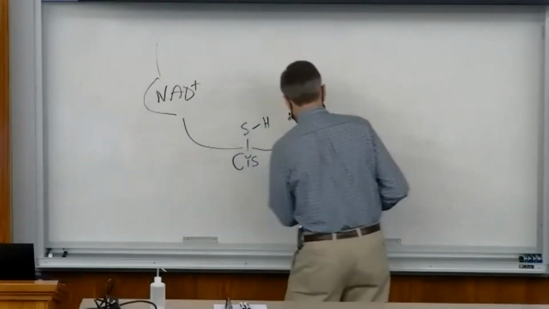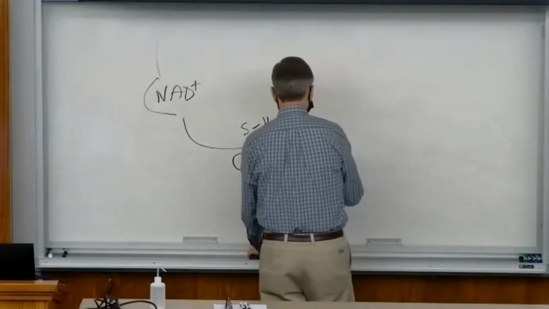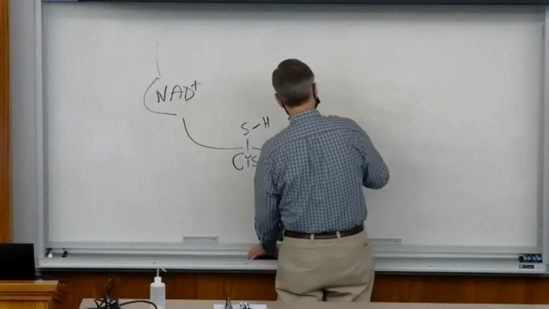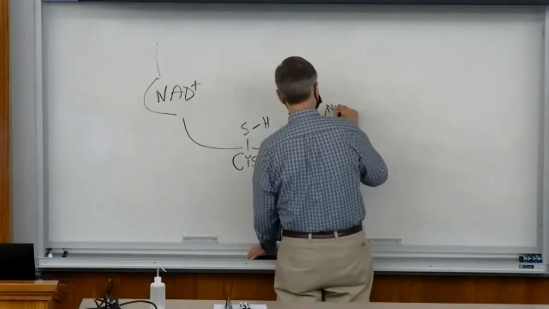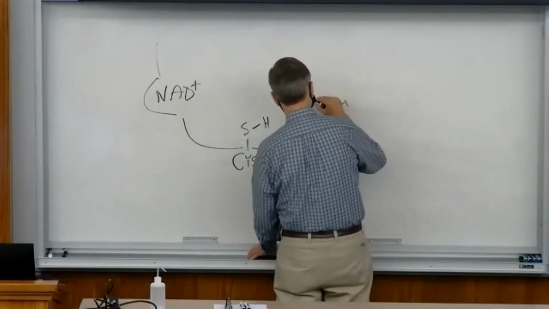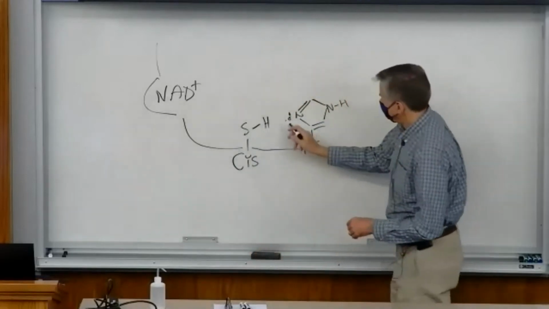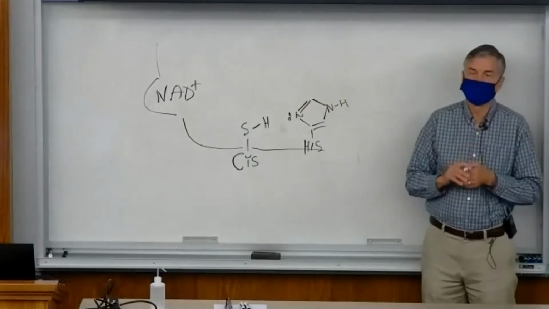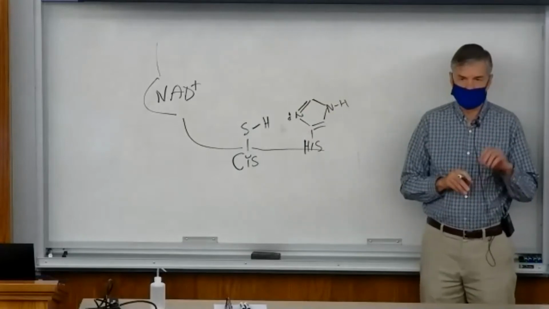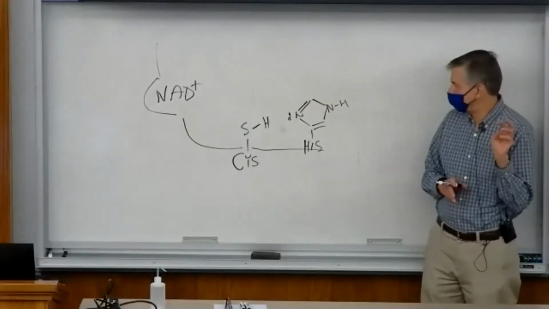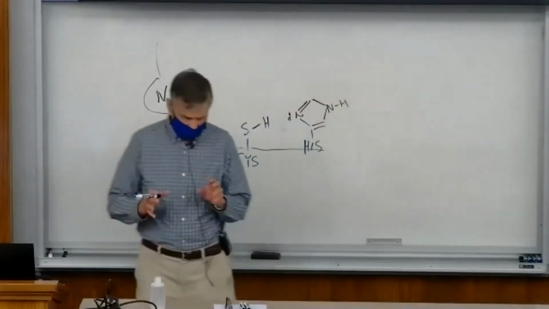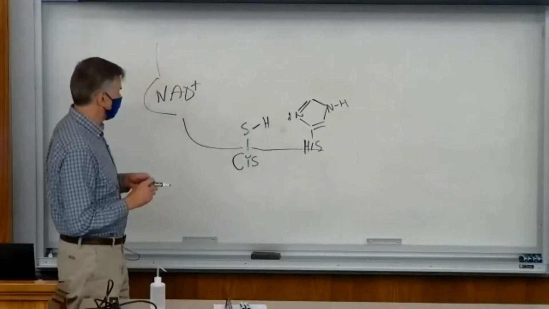Now, with a pair of electrons. So glyceraldehyde 3-phosphate dehydrogenase exists as a tetramer, and each of these is catalytically active.